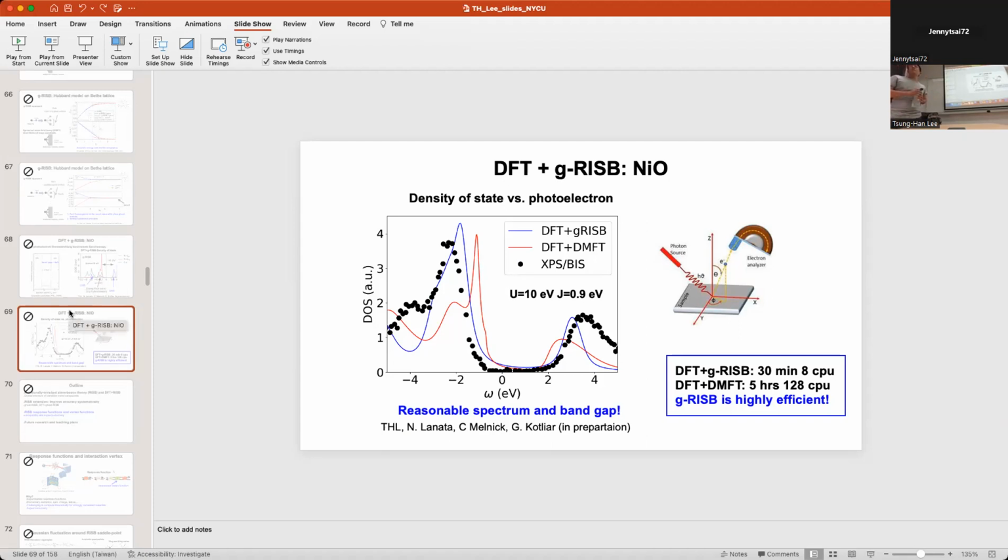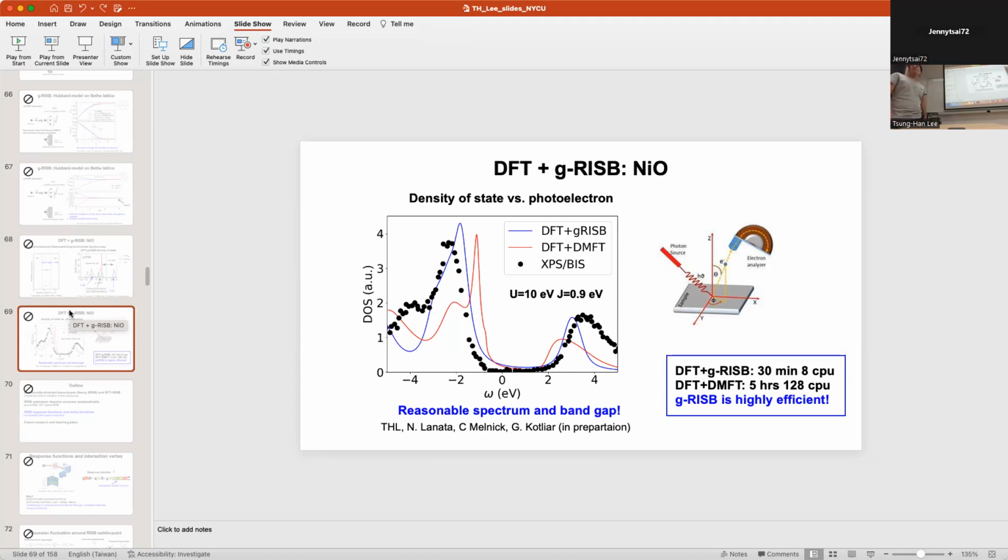So one more question. What is the advantage of using this ghost approach compared to DMFT? The advantage is the computational cost. We were using something that is not very optimized because we constructed it from scratch, but still at this level it compares quite well.